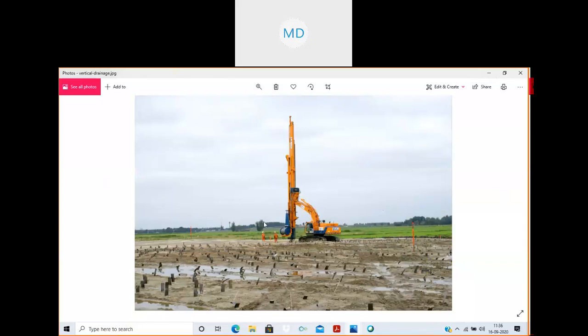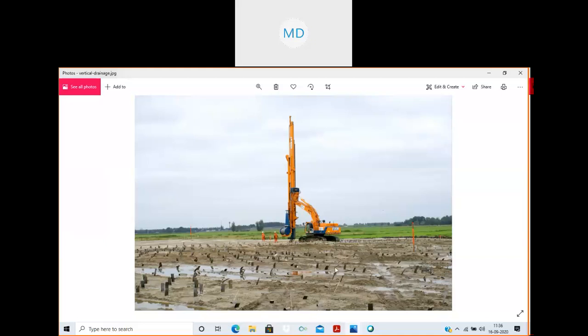After the insertion process is completed, you can see the vertical drains here. See, a little bit is coming outside. So these are the vertical drains that are inserted inside the ground. The insertion work is completed.